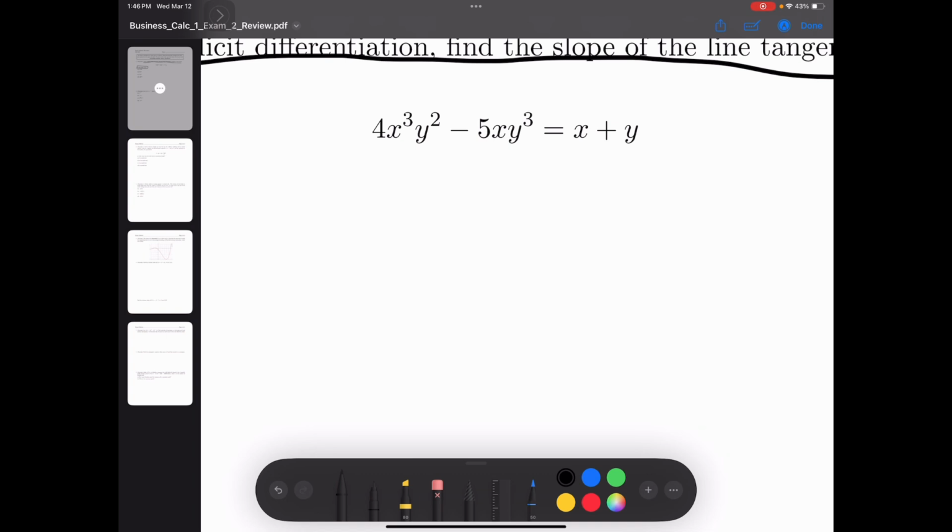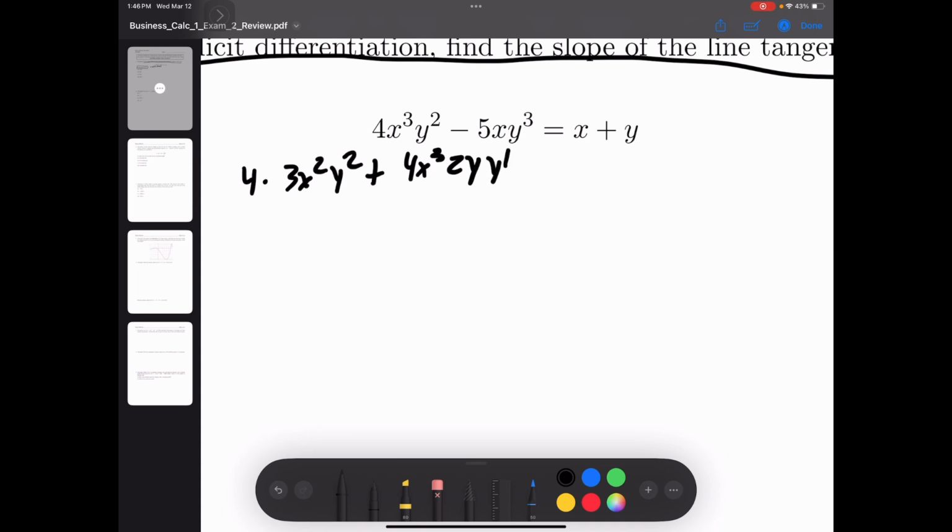So the first piece is going to be 4 times 3x squared y squared, derivative of the first, times the second, plus derivative of the second, derivative of y squared, 4x cubed, 2y, y prime.